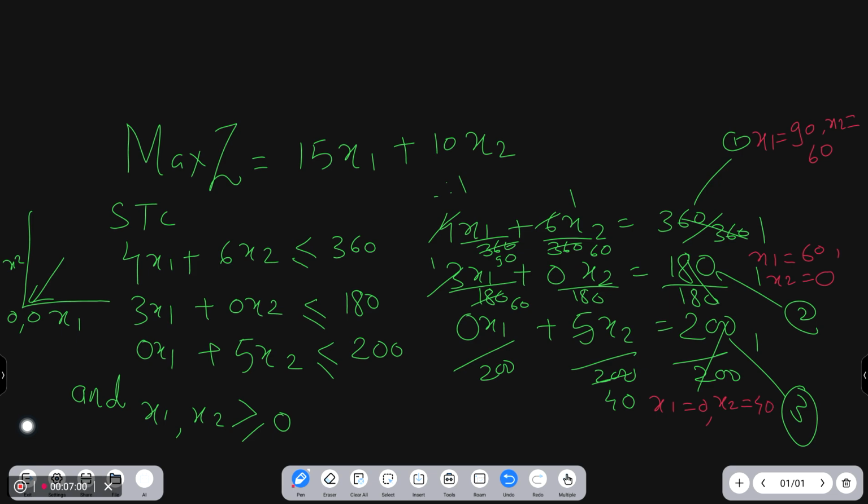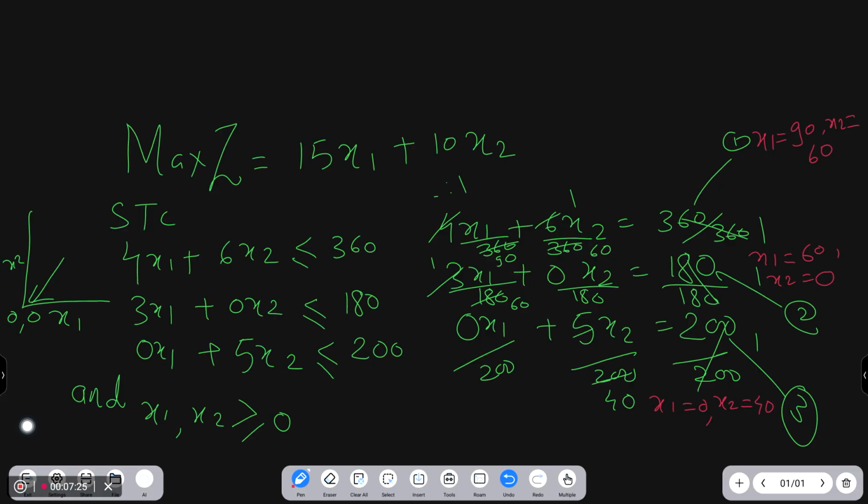Fine. Up to this, clear, everyone? We have found the nature. We have observed whether the right hand side is negative. Later on, we converted the inequality into equality. After that, we tried to find the coordinates of x and y for every constraint.